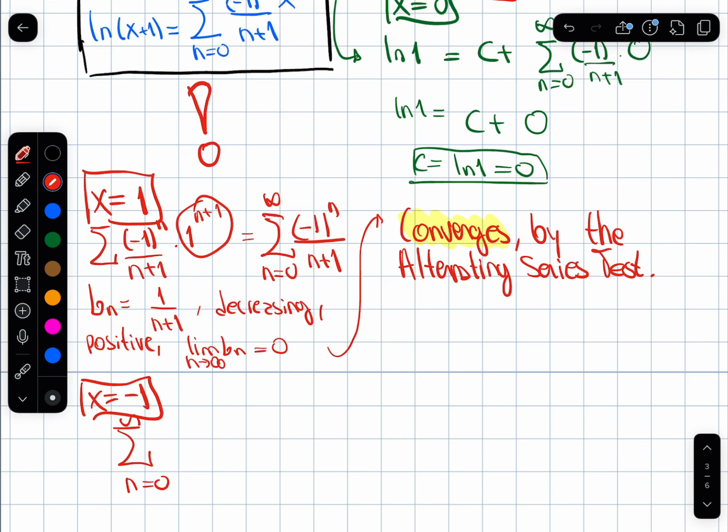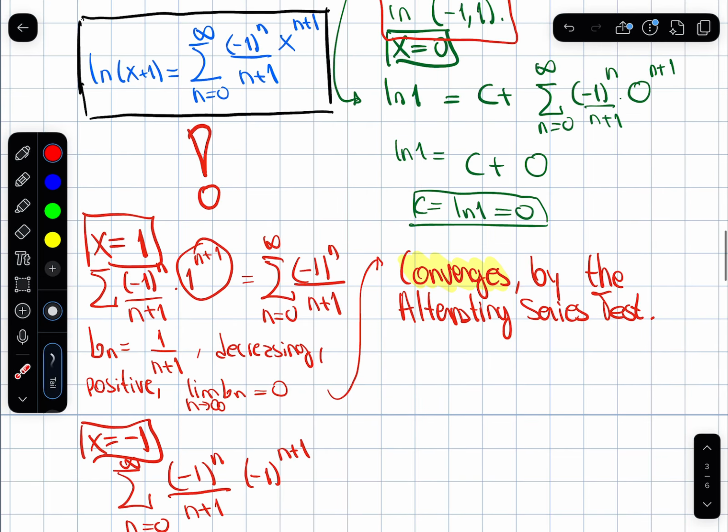The sum from n equals 0 to infinity of -1 to the power n over n plus 1 and -1 to the power n plus 1. I'm plugging that into this blue series. x is -1 right here. This is what I'm doing, okay? The series that we got, which was part 1.